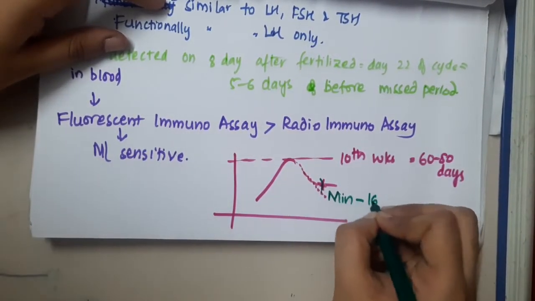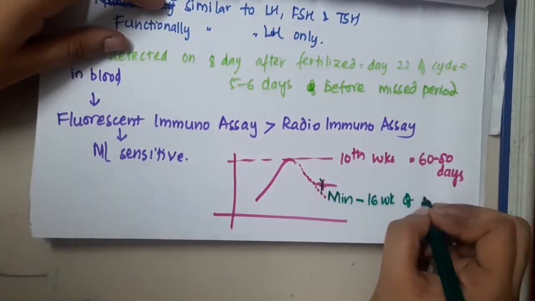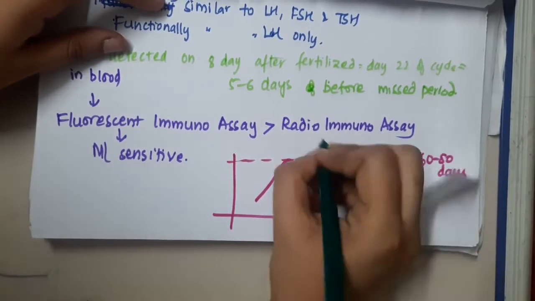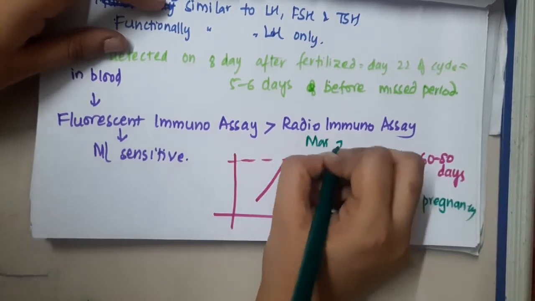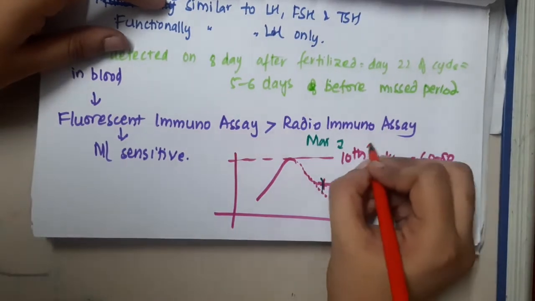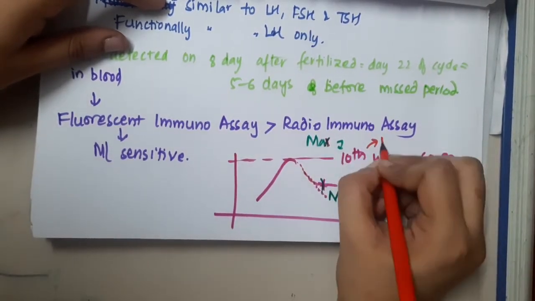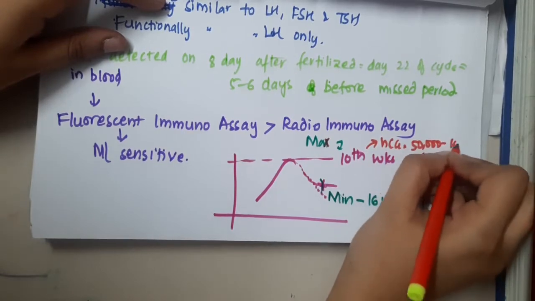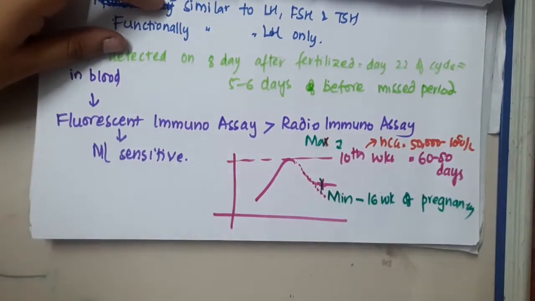Maximum means the HCG levels will be almost 50,000 to 10 to the power of 5 units per liter.